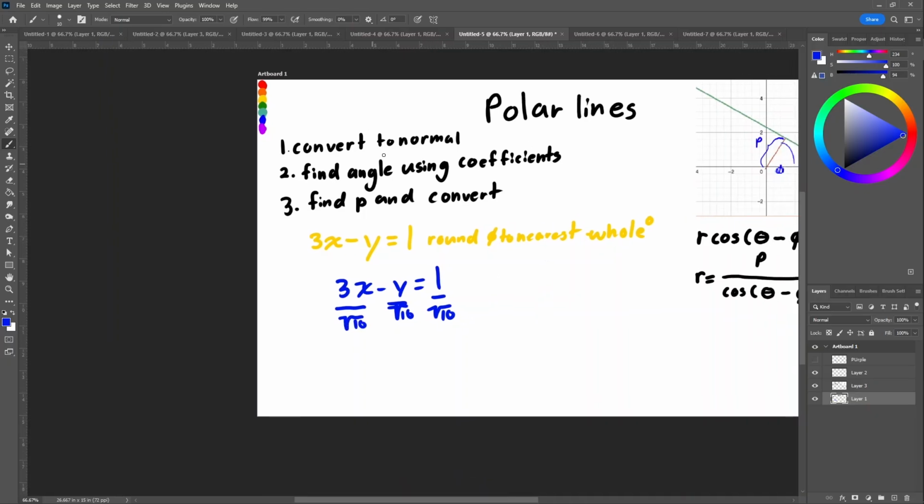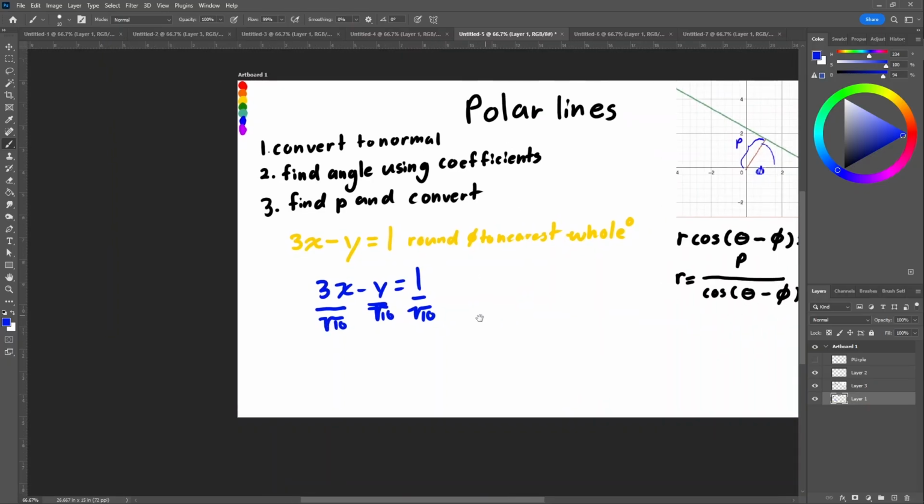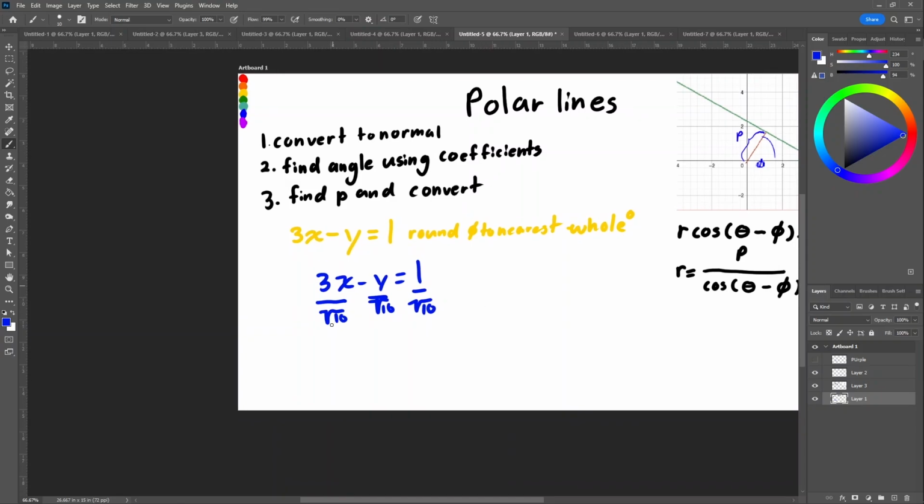Next step is to find the angle using the coefficients. What I mean by that is inverse cosine of 3 over root 10 is equal to our phi value.